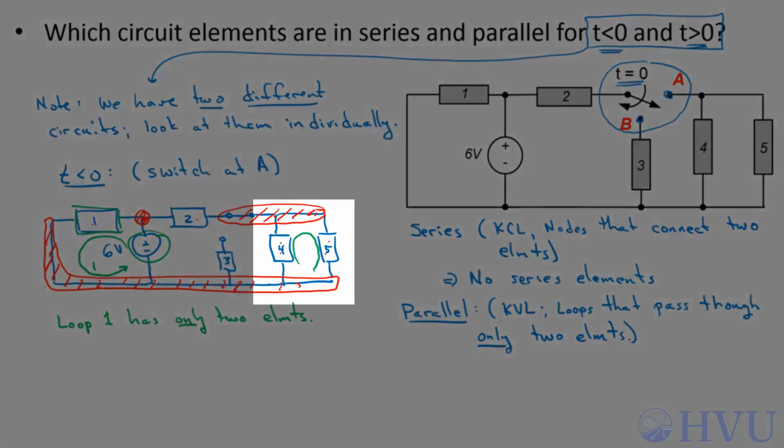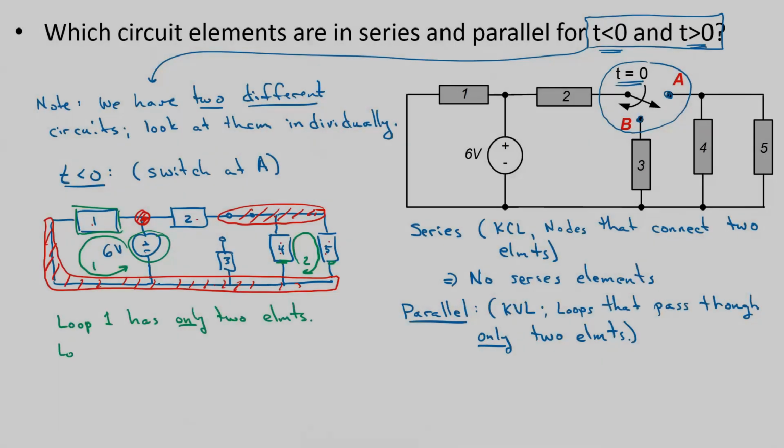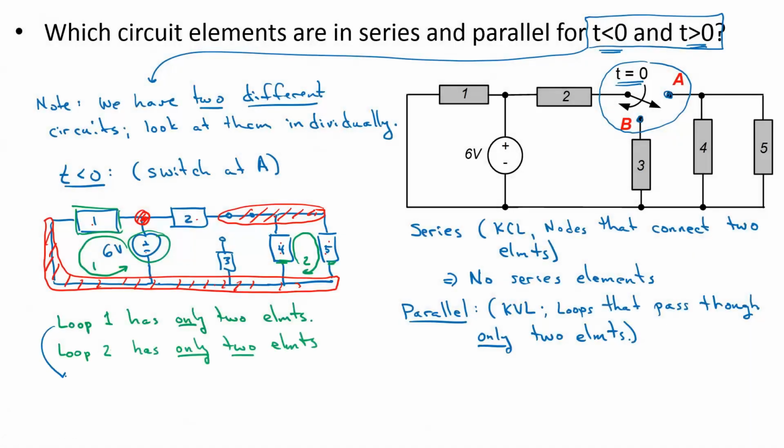And if I loop over here, loop 2 only goes through elements 4 and 5. So this means that the elements in loop 1, so element 1 and the 6-volt source, are in parallel. And loop 2 goes through elements 4 and 5, so elements 4 and 5 are in parallel.